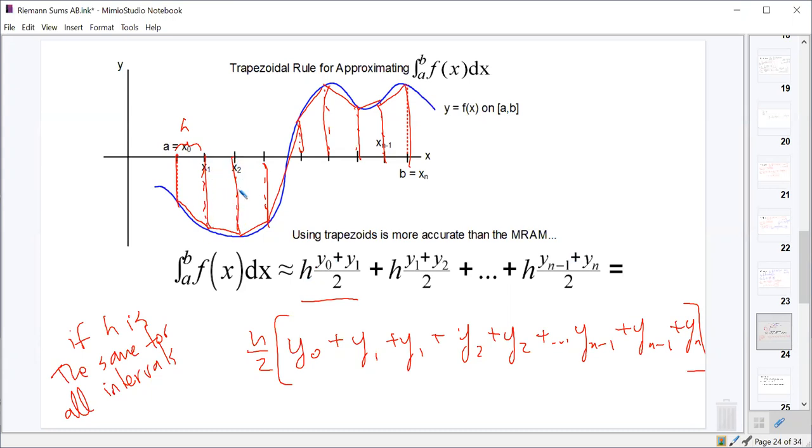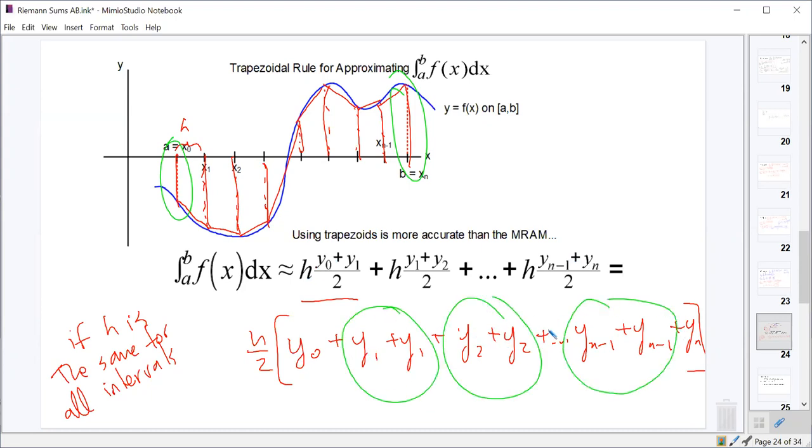So I use each height twice, except the first height and the last height only get used in those endpoint trapezoids. And so we could rewrite this as h over 2 times y0 plus 2y1, plus 2y2, all the way up to 2y sub n minus 1 plus y sub n at the end.